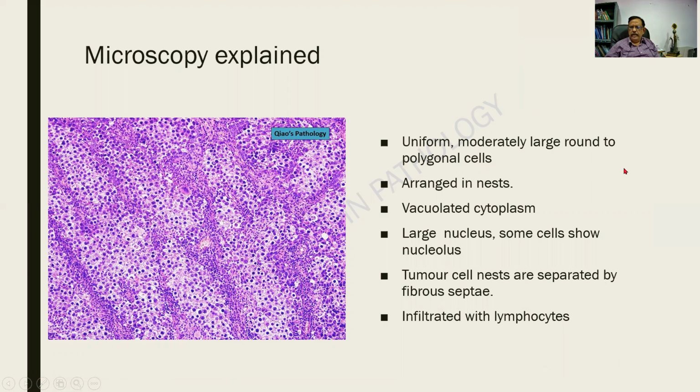So the microscopy, you people will have to explain: uniform, moderately large cells which are polygonal, arranged in nests, vacuolated cytoplasm, large nucleus, some cells show nucleoli. And the tumor cell nests are separated by fibrous septae infiltrated with lymphocytes.